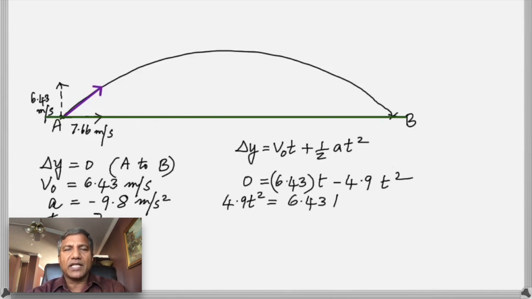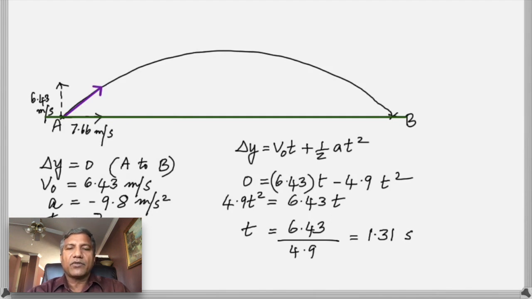So rearrange that equation and solve for t. I brought this to the other side, and then one of the t's gets cancelled. And then finally you get time as 1.31 seconds. So now you know that this projectile takes 1.31 seconds to go from A to B.